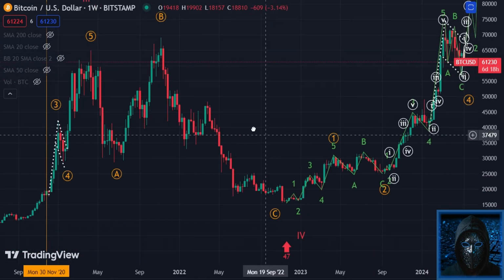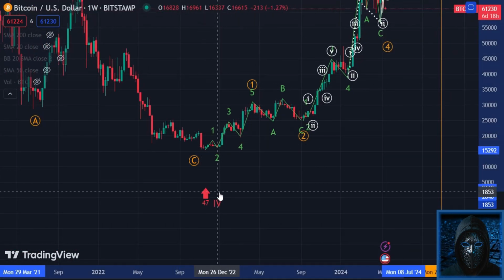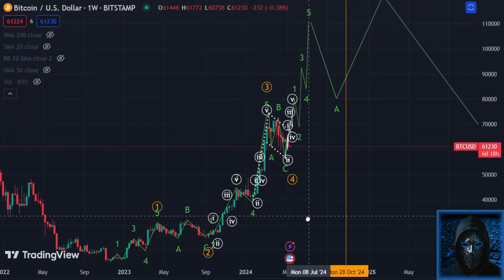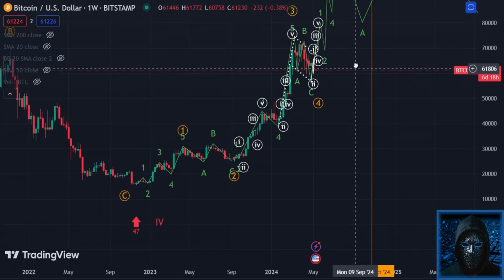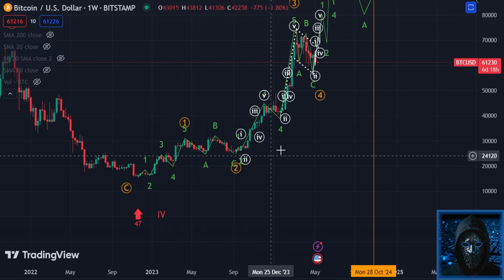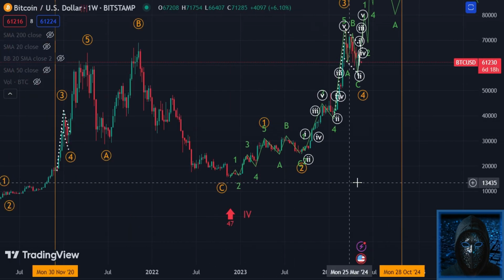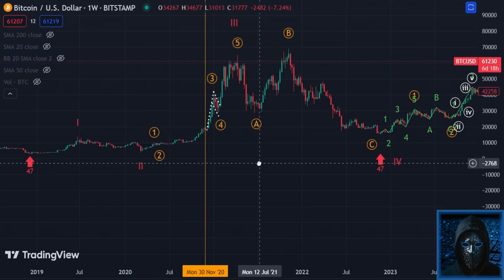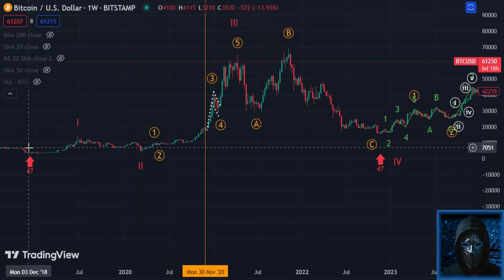A, B, C. This was a larger wave 4. And we are now in this wave 5, which is why this bull run has been so aggressive. It's been a lot more aggressive compared to previous cycles from the low.